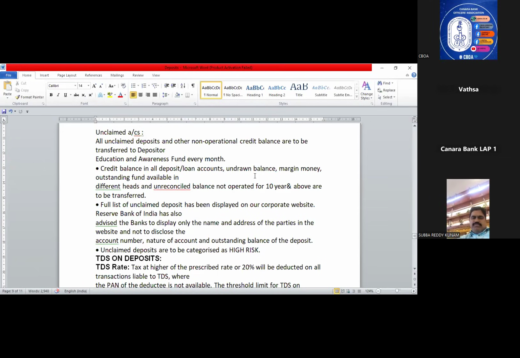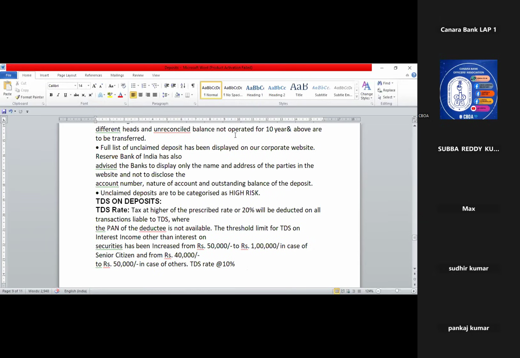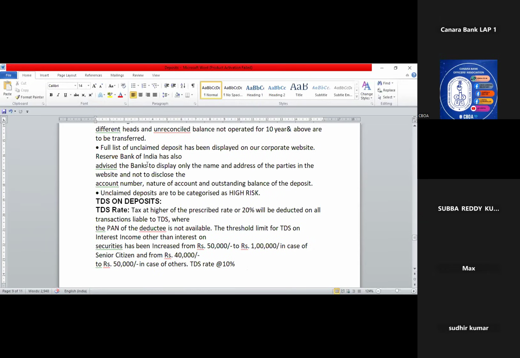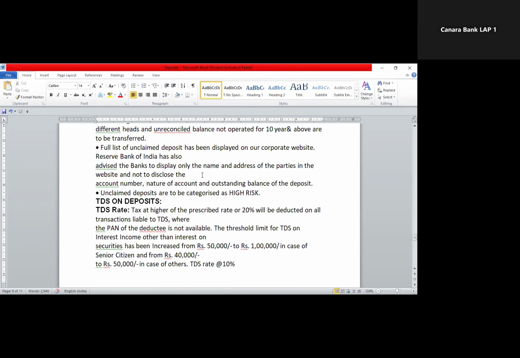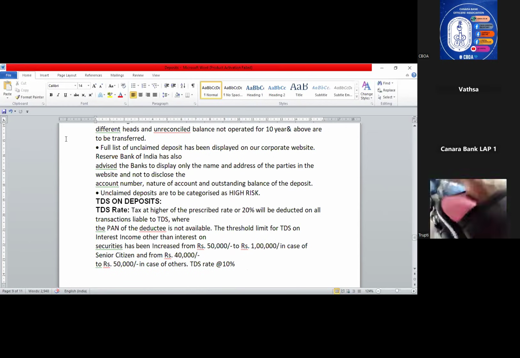And unreconciled balance. The list of unclaimed accounts has to be exhibited in our Canara Bank website as per the RBI guidelines. Okay, we have to disclose the list of unclaimed depositors details in the website, giving only the name and address of the parties, and we are not supposed to disclose account number, nature of the account, and outstanding balance of the deposit.